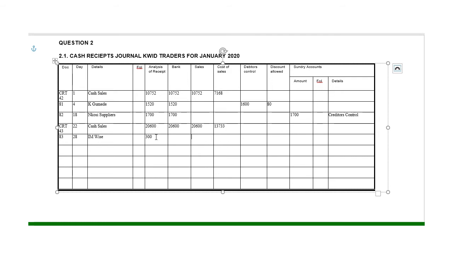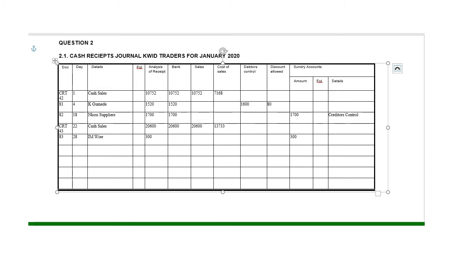What is it that I'm receiving? I'm receiving money from a debtor, but he was previously written off. Then I do not put it under debtor's control. I must put it under sundries. Remember, if we wrote it off, it means that debtor now owes us nothing. So we cannot put a 300 Rand receipt to a debtor's account, which means we then actually owe him that money back.